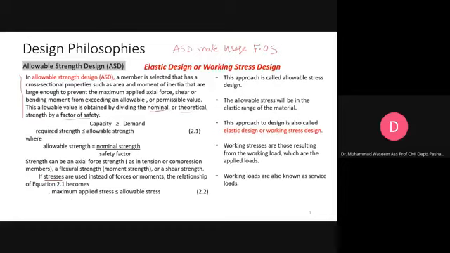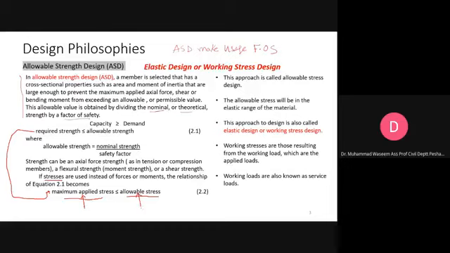And this equation will turn into a different equation in terms of stresses, like what is the allowable stress and what is the maximum applied stress. Obviously this is derived from the loads, and this comes from the resistance of the material.